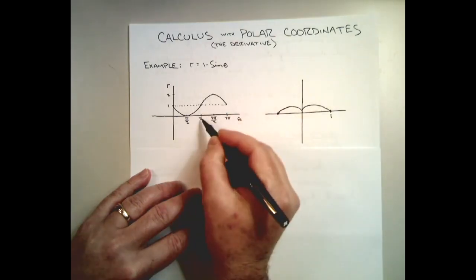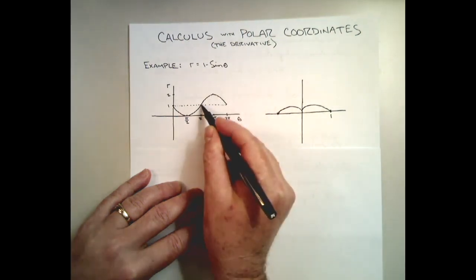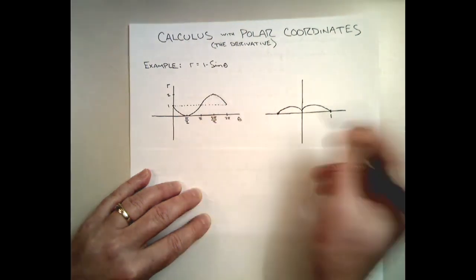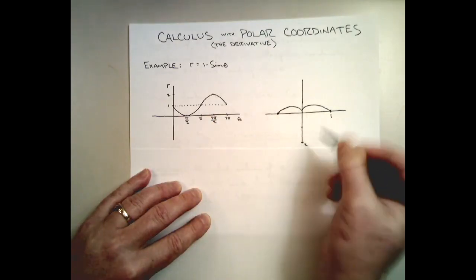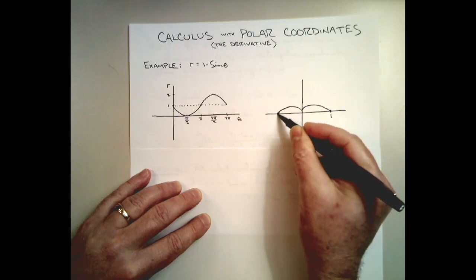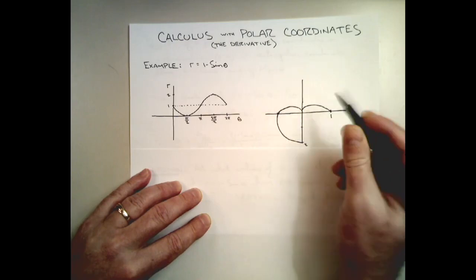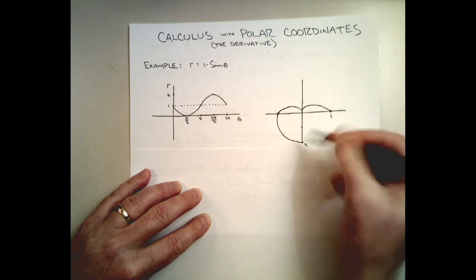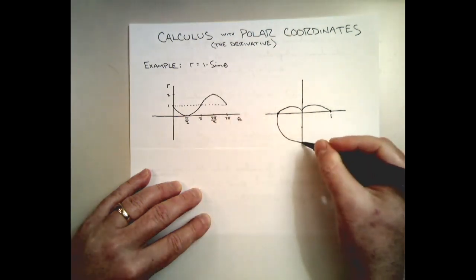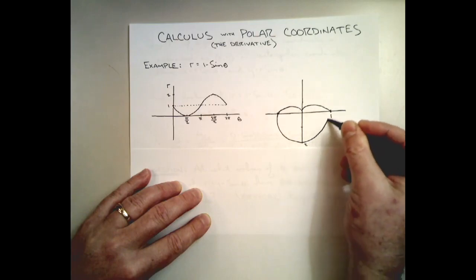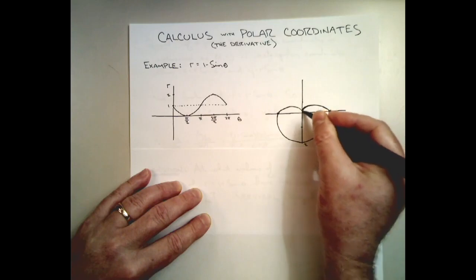And then from π to 3π/2, I'm going to be heading from 1 unit from the pole to 2 units from the pole. So let's see, there's 2 units from the pole living there. So I increase till I get to something like that. And then between 3π/2 and 2π, I'm back to 1 unit away from the pole again. And so it's something like this.